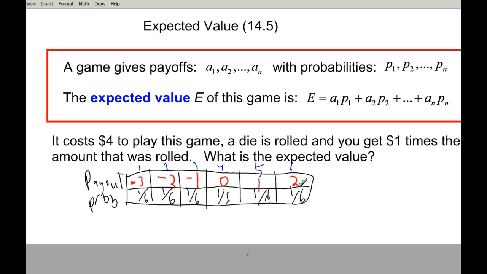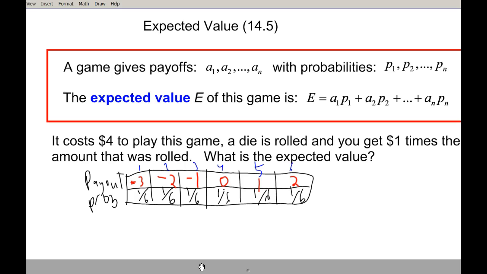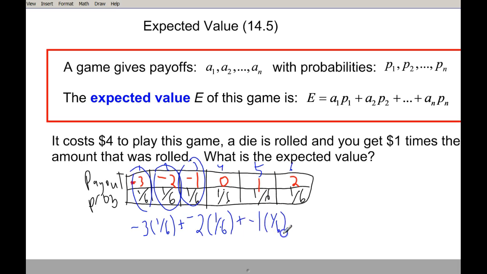And now it really just becomes relatively simple here. You basically just take this times this. You say -3 times 1/6 plus -2 times 1/6 plus -1 times 1/6 plus 0 times 1/6.